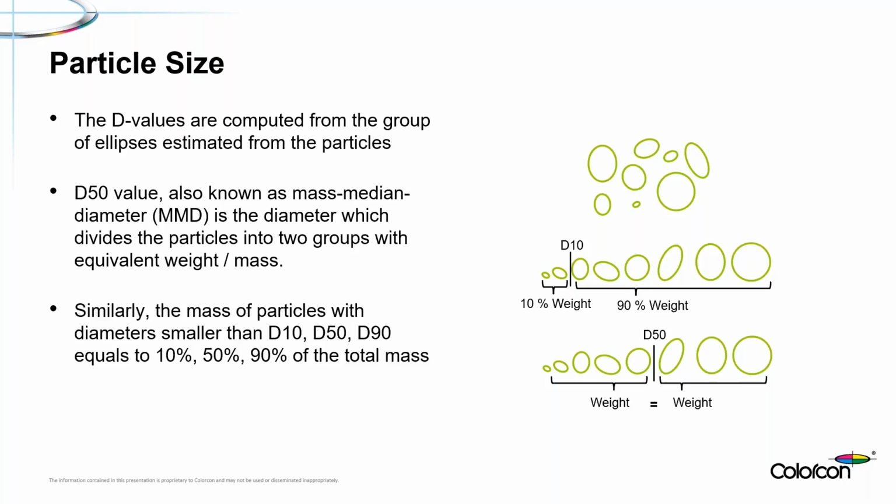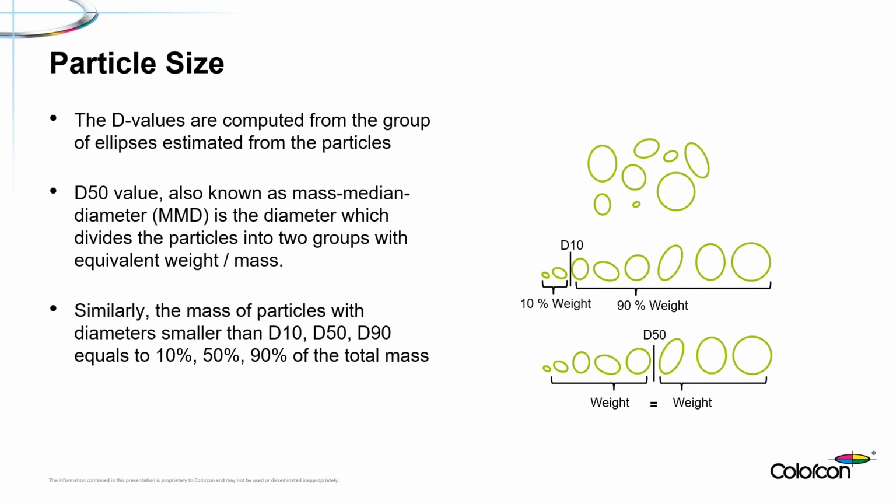First of all, they deal with volume or mass rather than strictly particles by number. And they are percentile measurements. So the easiest one to start with is the D50, shown in the bottom right, which essentially divides the population of particles, when arranged in order of smallest to largest volumetrically, with a 50-50 weight or volume split.